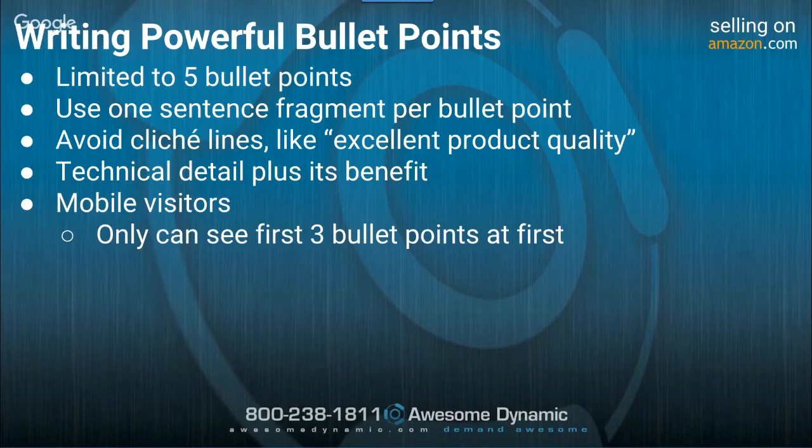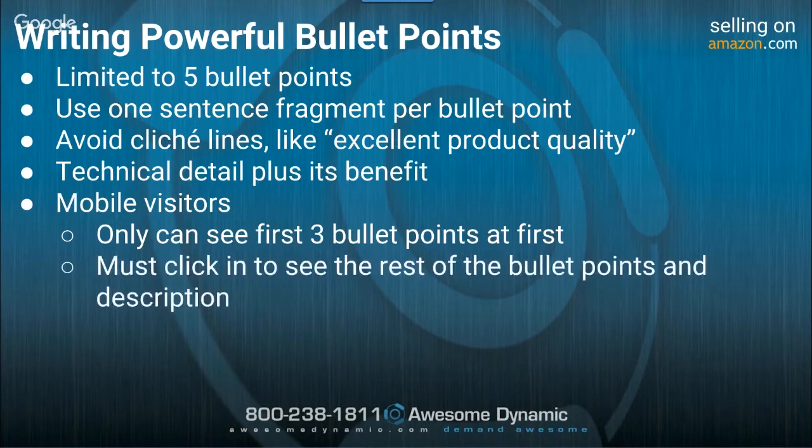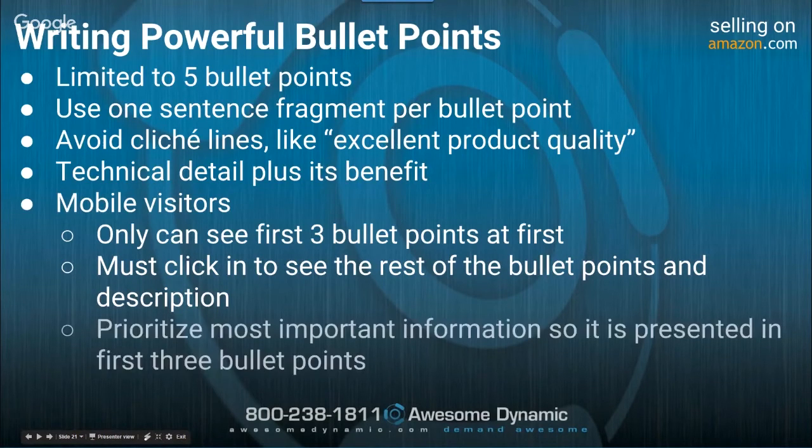So you want to put the more selling information into the first 3 bullet points, and then other detailed information to help make that decision further in the last 2 bullet points or in the product description. As I said, usually they have to click in to be able to see additional bullet points. So you want to make sure you prioritize the most important information so it's presented in the first 3 bullet points.